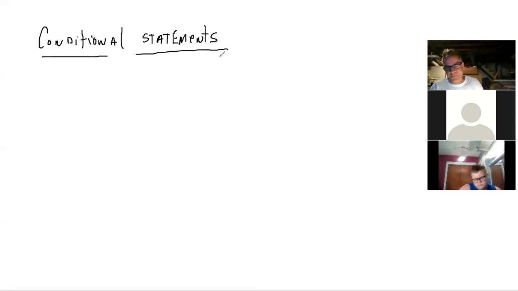Conditional statements. There are 4 types. When I say a conditional statement, it comes in this form: if this, then that.